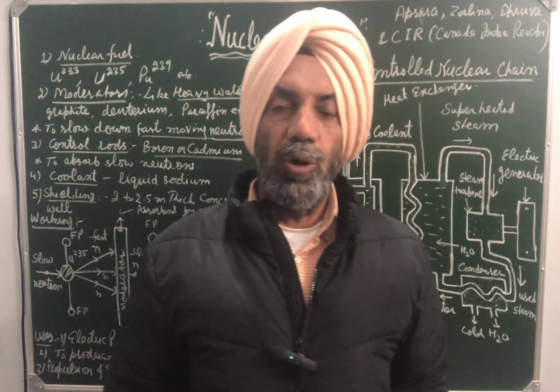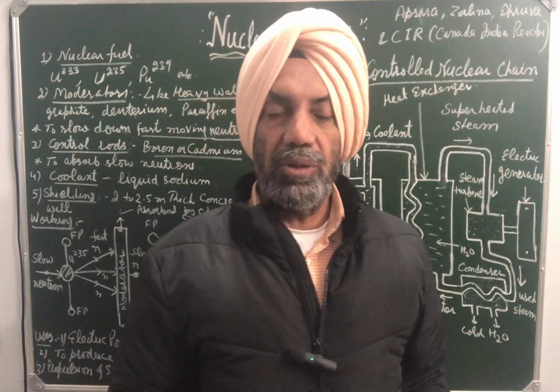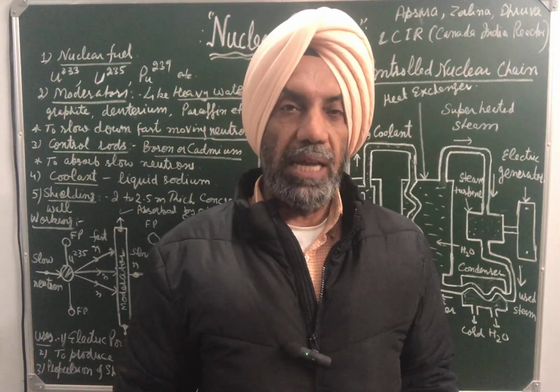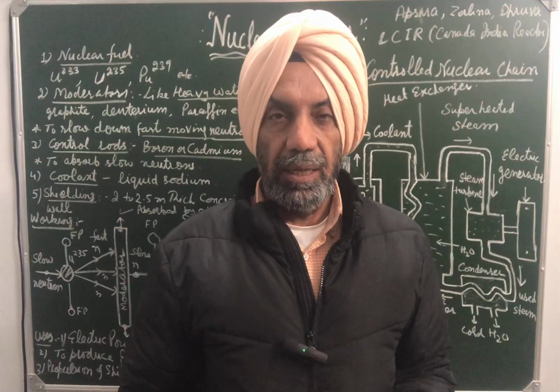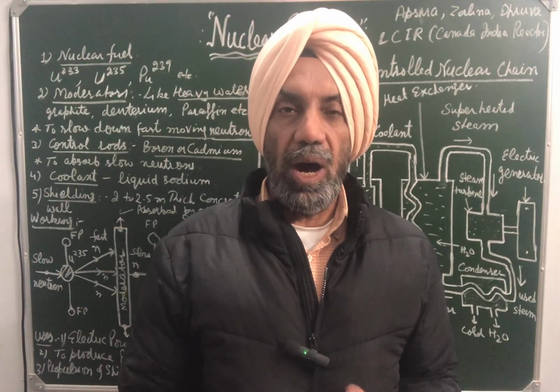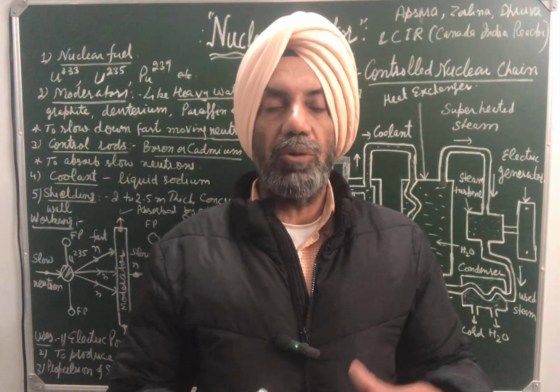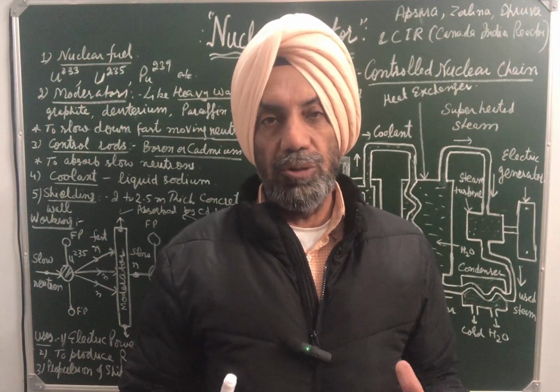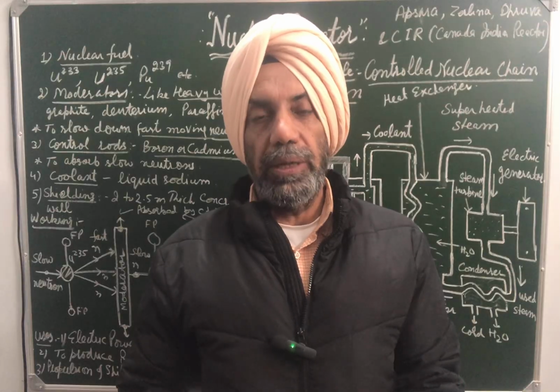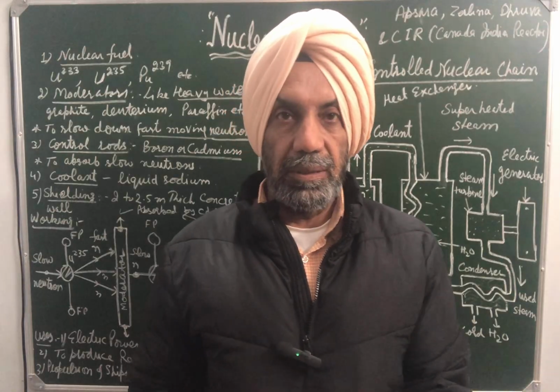In this video I am going to discuss a very powerful device known as a nuclear reactor. It is a device used for constructive purposes. It produces a huge amount of energy, and that energy is used only for constructive purposes.